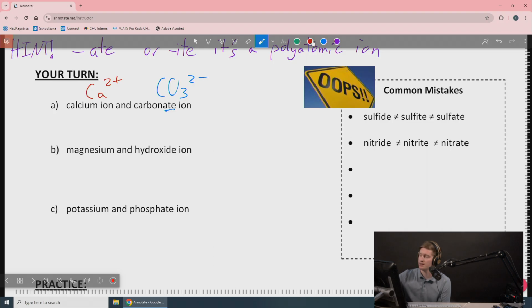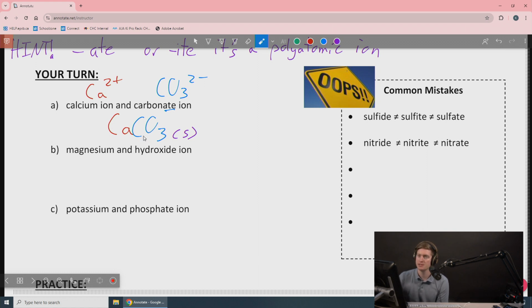We've got a balanced ionic compound, so we can just write calcium and then a carbonate. Because there's only one carbonate ion in this compound, we don't need to put brackets around the carbonate. This is fine, just like this.